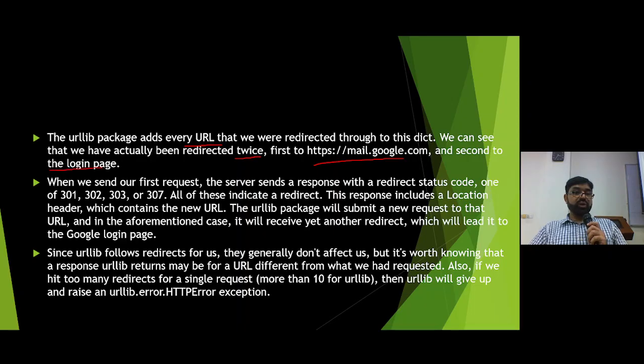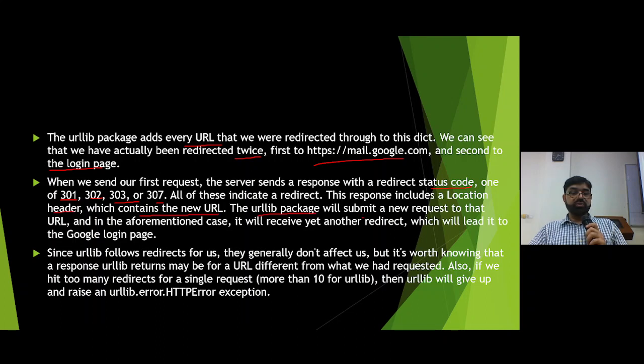So when we send our first request, the server sends a response with a redirect status code: 301, 302, 303, or 307. All of these indicate a redirect. This response includes a Location header which contains the new URL.